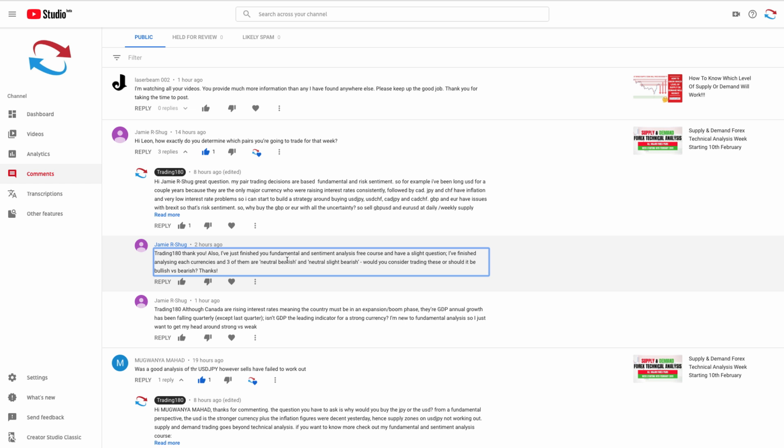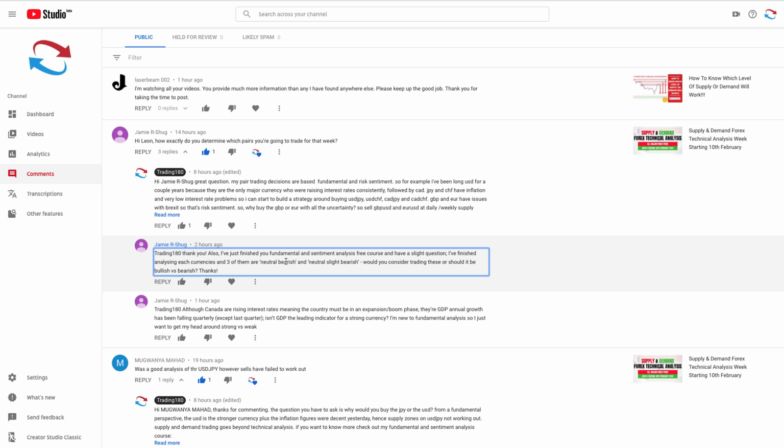Both are neutral bearish, but one has political uncertainty and the other one doesn't, then that's your edge. The one that hasn't got political uncertainty should do better than the one that has, that's going through some sort of election. So you're looking for edges within currencies.